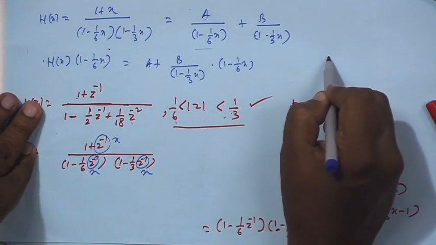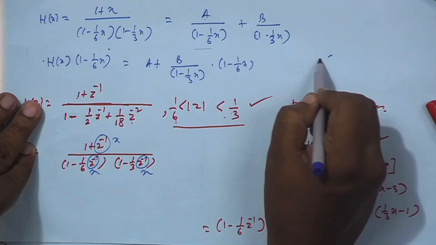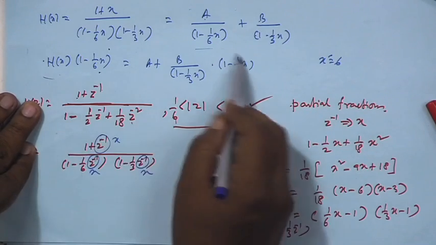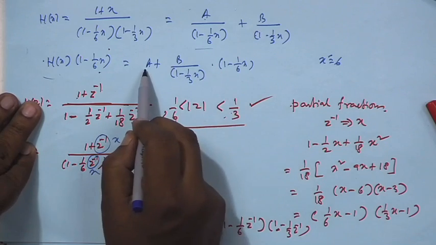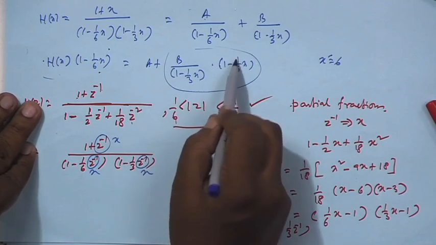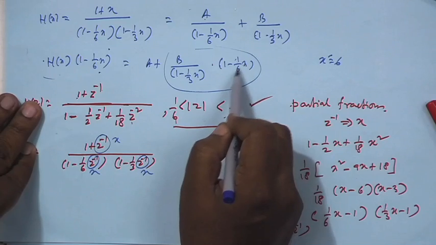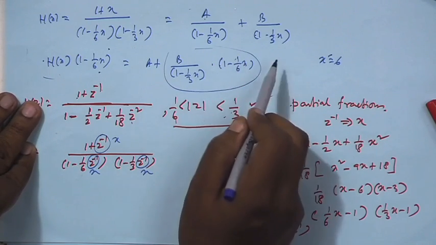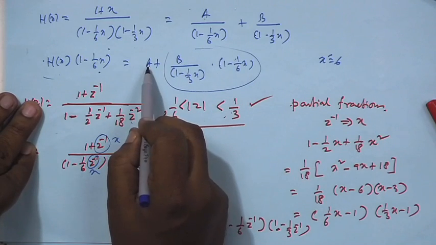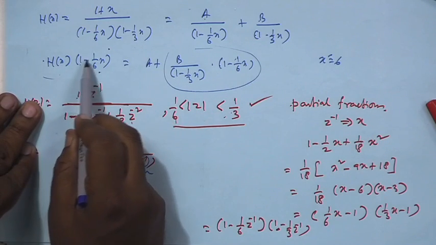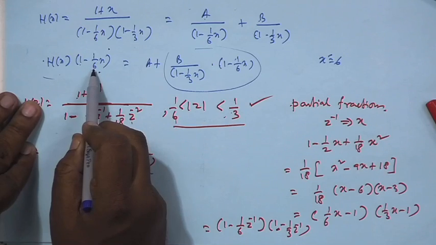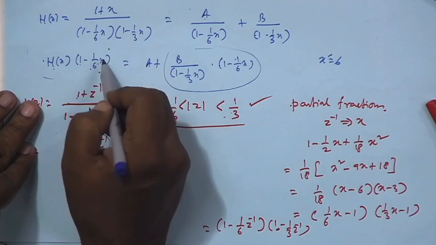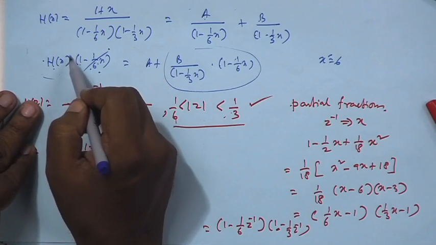Now, if I want to make this 0, that is if I take x equal to 1/6, then on the right hand side this part will be 0, because 1 minus 6x at x equal to 1/6 is 1 minus 1, which is 0. So for x equal to 1/6, this part goes and I am left with a. On the left hand side, if I multiply H(x) by this factor, it cancels the denominator factor.